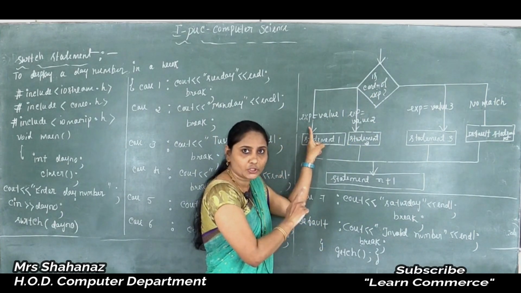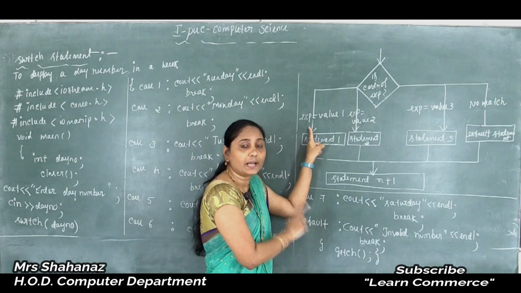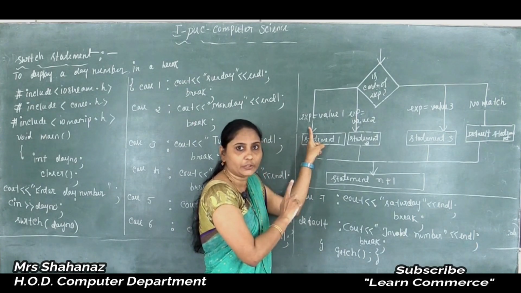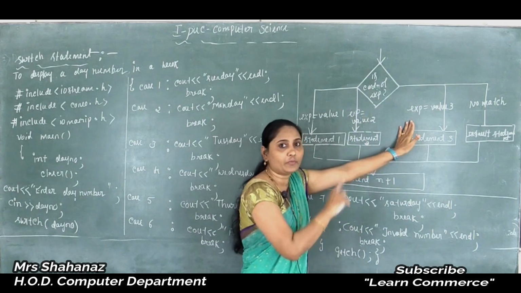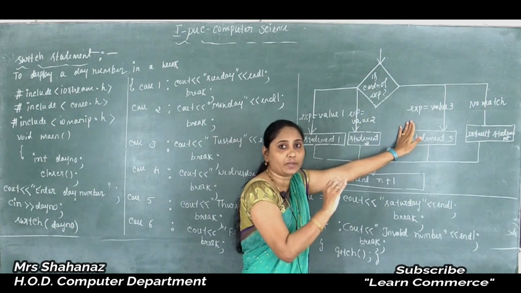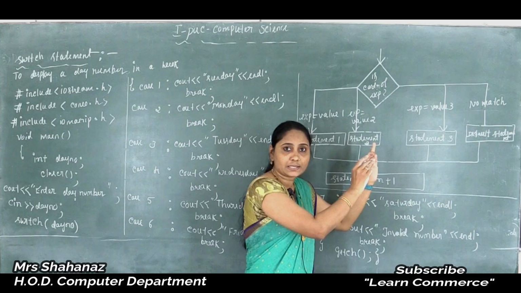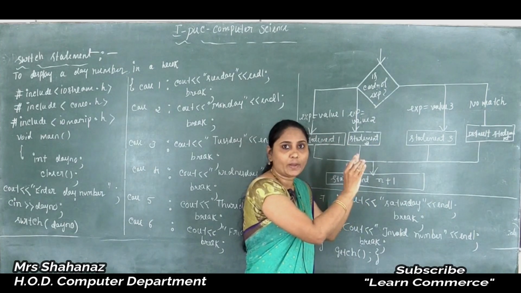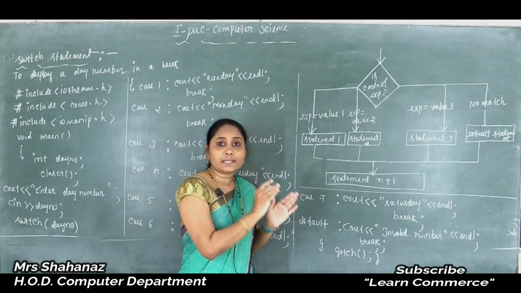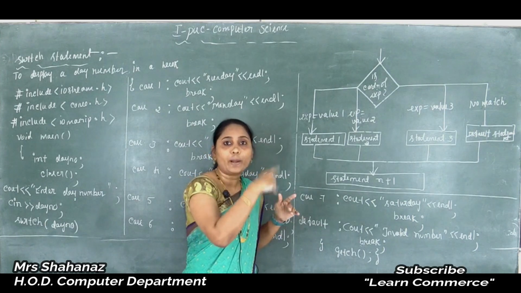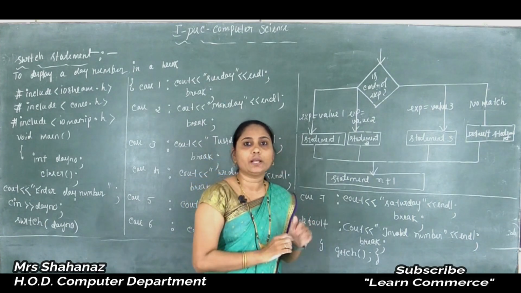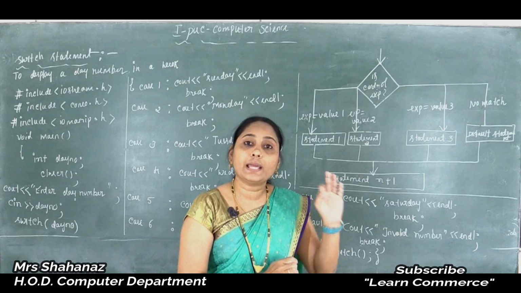If it matches, the control transfers directly to the group of statements. It checks whether it matches such a case label value. If it is not matching, it moves to the next case label value. Like that, one by one, it matches the control expression value with the case label values here.